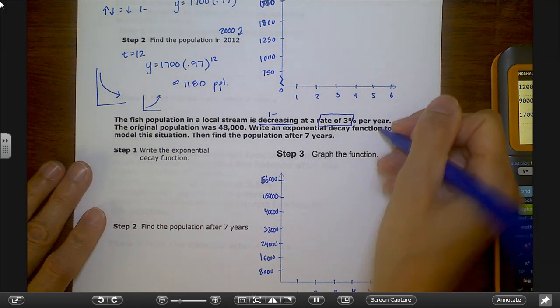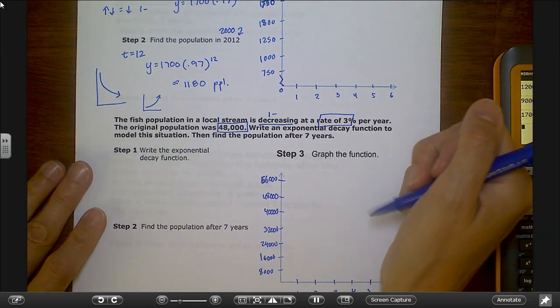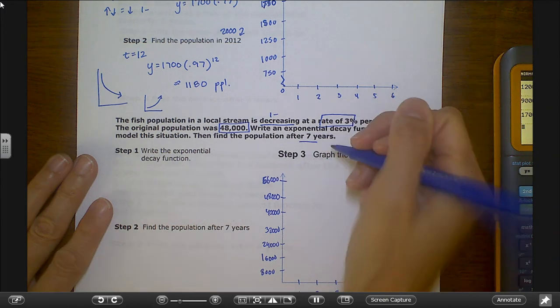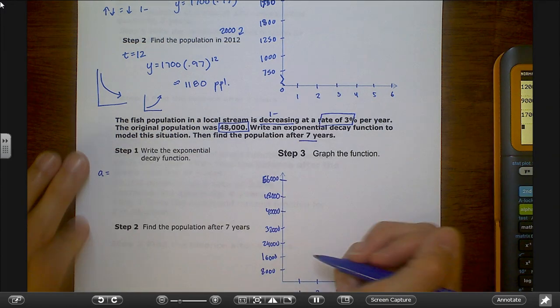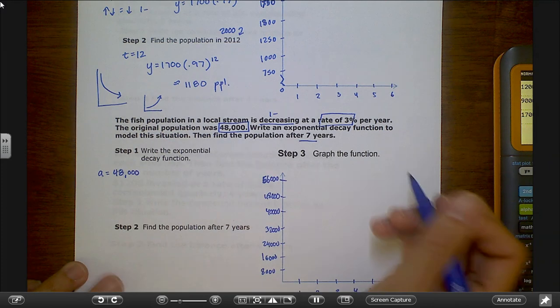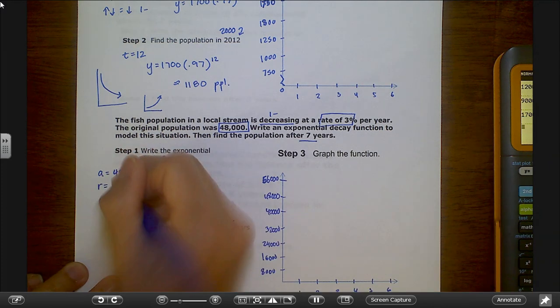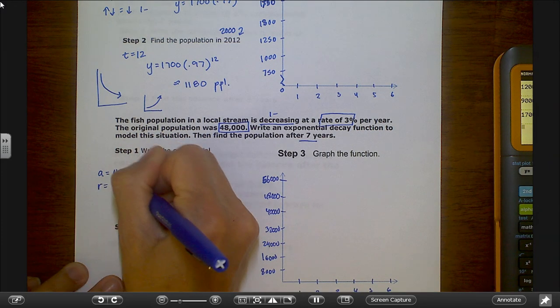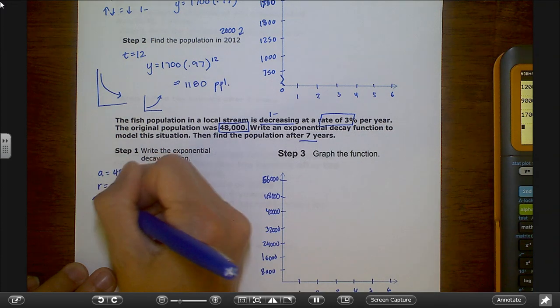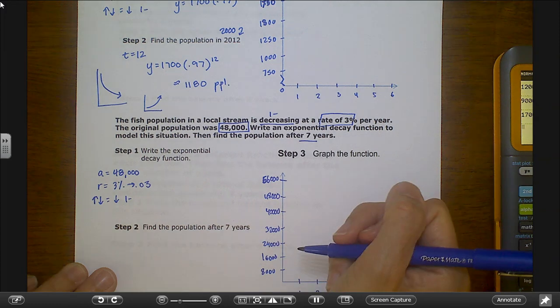All right, fish population in a local stream was decreasing, so that's 1 minus, rate of 3% per year. Original population was 48,000. Write an exponential decay function, then find the population after 7 years. Okay, A is the initial value of 48,000 fish. The rate is 3% or 0.03. And is it increasing or decreasing? It's decreasing, so we use 1 minus.